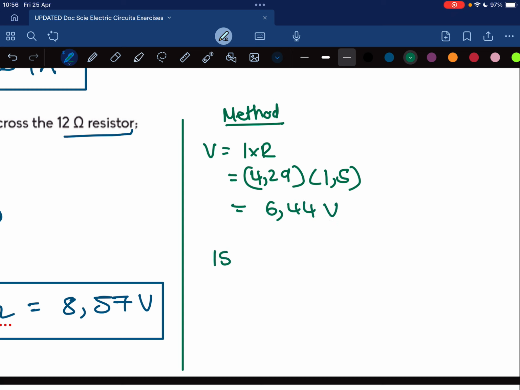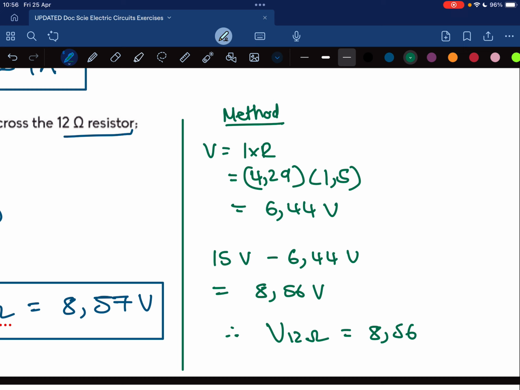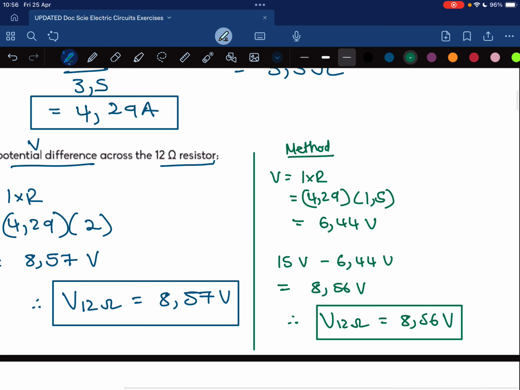And then you would have said, well, 15 volts minus 6.44 volts is equal to 8.56 volts. So therefore the V on the 12 ohm resistor is 8.56 volts. Okay, that's also acceptable. You'll get full marks even though the answers are not exactly the same. I'll see the method and then I'll know which one you used and accept both answers as correct.